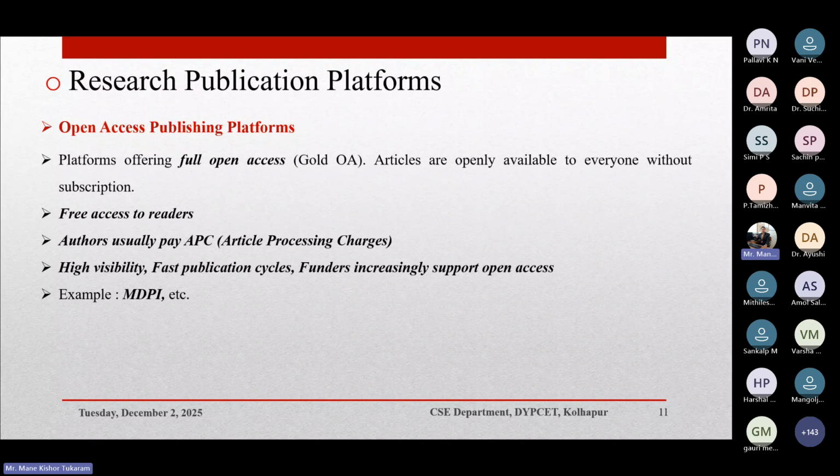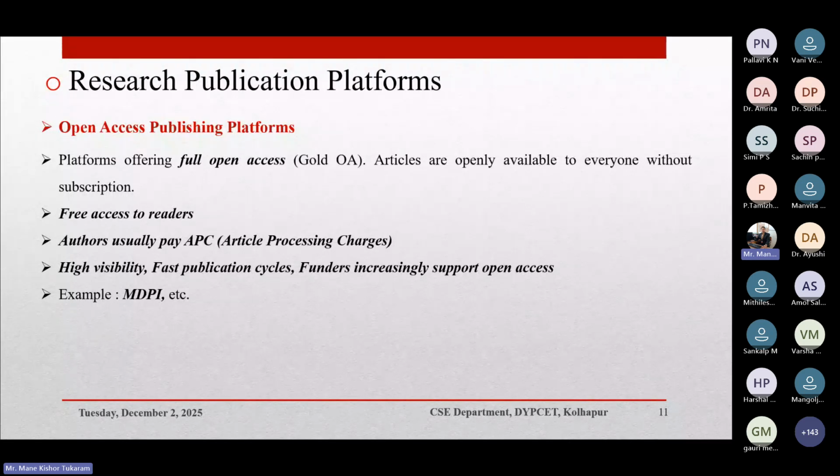For a simple example, MDPI provides multiple journals that support open access. Springer Nature also has a branch where all the contents are open access. Many of the IEEE journals are also open access.